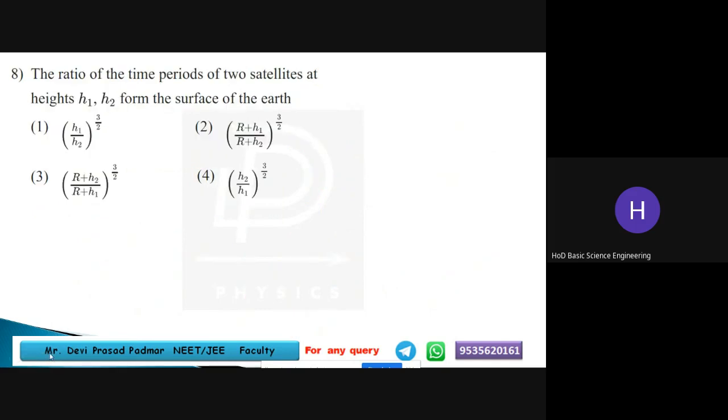Next. So time period and height concept. The direct one. You know, T square proportional to R cube concept, right? So T square proportional to R cube. So we can write T1 by T2, that whole square, that is equal to R plus H1 divided by R plus H2 whole cube.